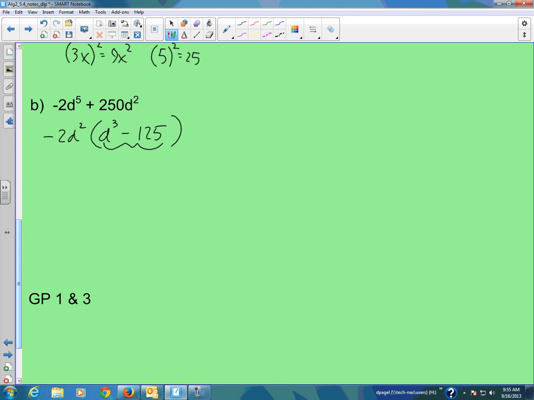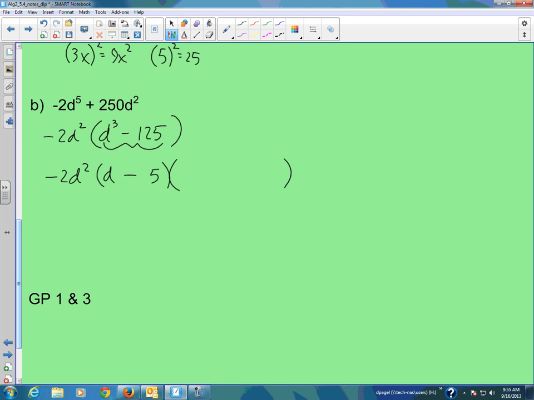All right, so that negative 2d squared stays as part of my problem. And then I go ahead and I think about my d cubed minus 125. The cube root of d cubed is d. The cube root of 125 we just worked with was 5. And if my sign to begin with is a negative, that means this will be negative.